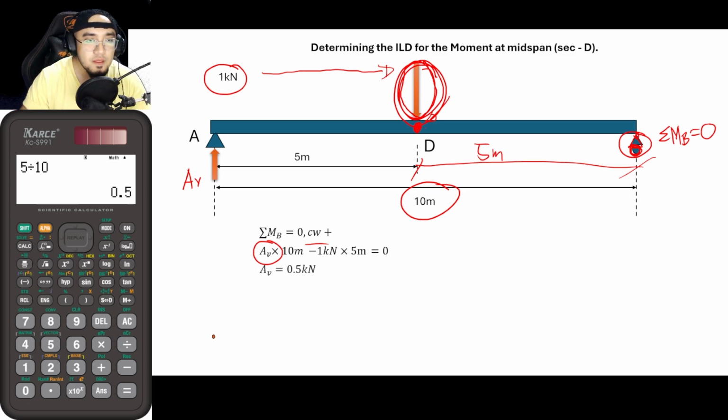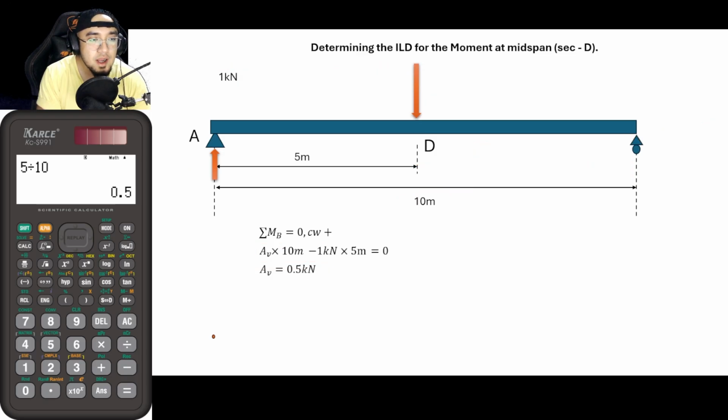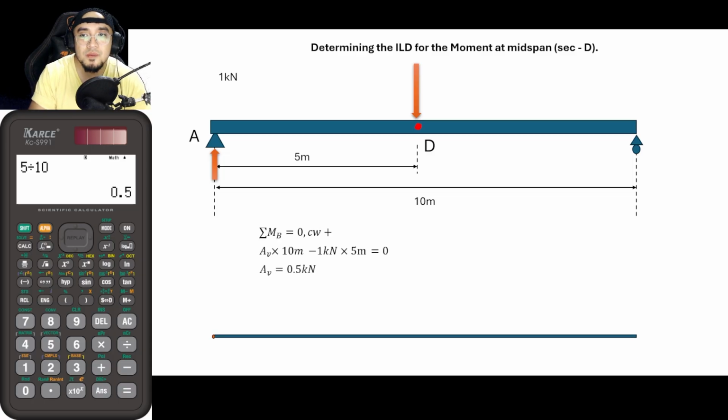Okay, so after that, we are not really particular with the value of AV. Rather, we are really curious of what the value of the moment at D would be. But once again, in order for us to do that, we will be cutting a section.